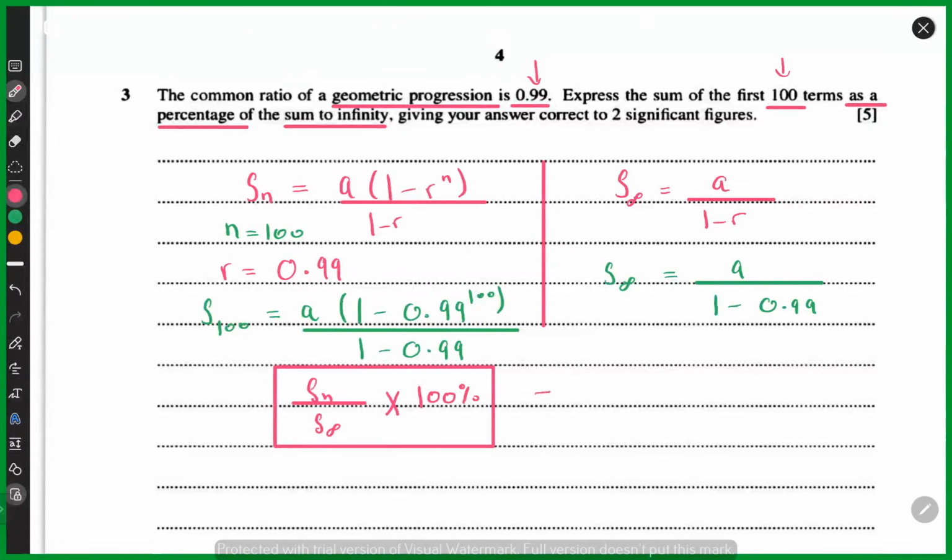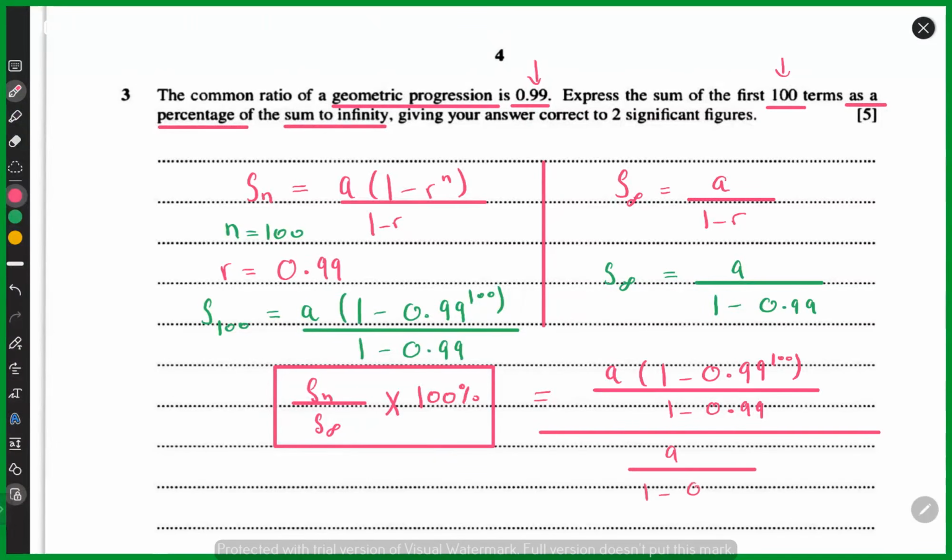So Sn is A multiplied by 1 minus 0.99 power 100 divided by 1 minus 0.99, and this entire thing is basically divided by A divided by 1 minus 0.99, and this is multiplied by 100%.